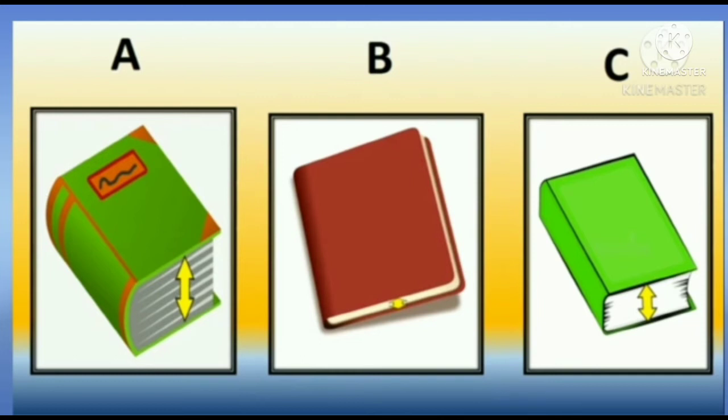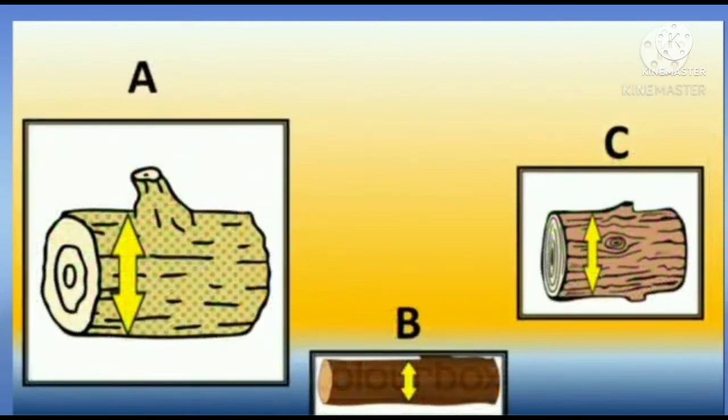Now let's understand with the help of another example. Look, what do we see here? There are wooden logs. Is there a difference between them? Yes, there is a difference. The width of the wooden log in picture A is more than the width of the other two wooden logs.